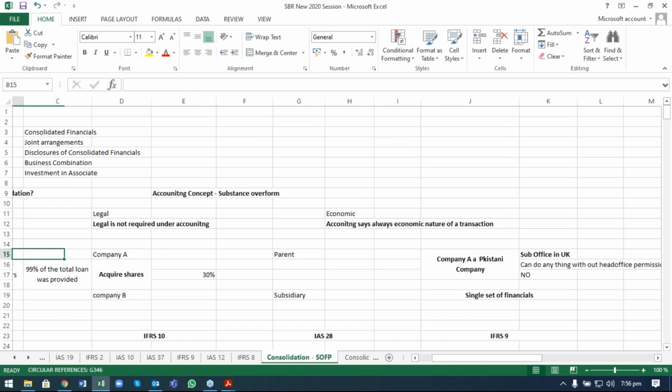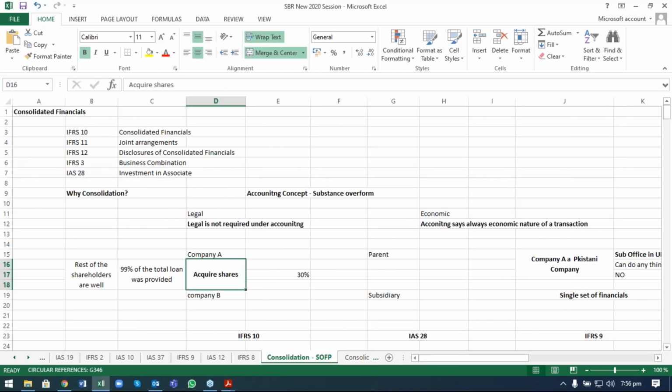In the same way, look at control in a parent and subsidiary relationship. Suppose company A acquires 80% of the share capital of company B. Then it means company A has effective control over company B. So what does the economic aspect tell you?